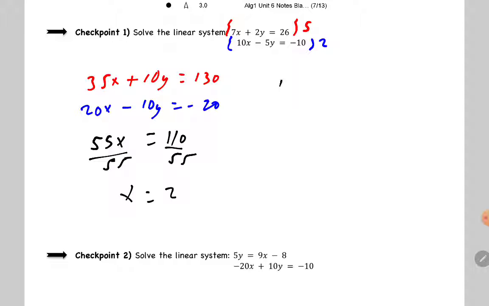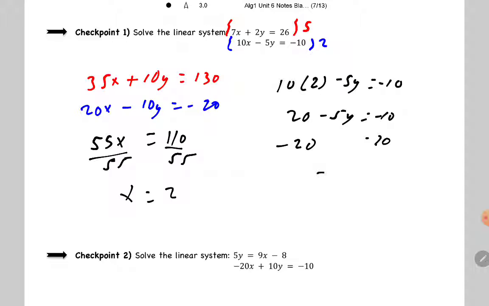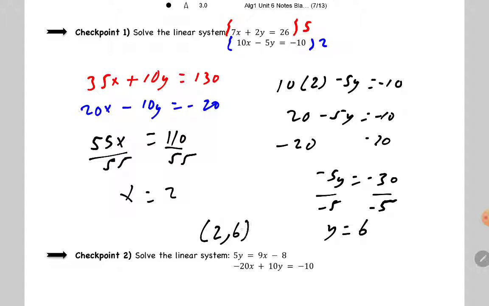So 10 times 2 minus 5y equals negative 10. So 20 minus 5y equals negative 10. Subtract 20 over to get negative 5y equals negative 30. What times 5 is 30? That is 6. So my answer is 2, comma, 6.